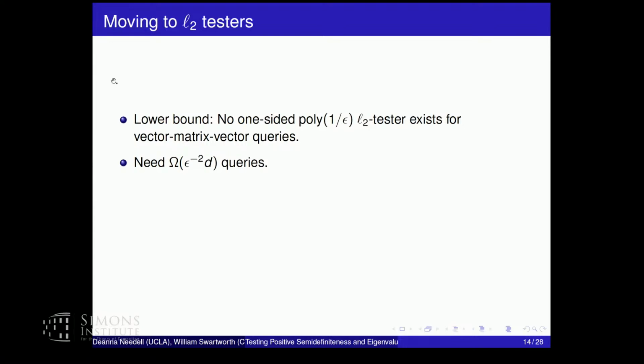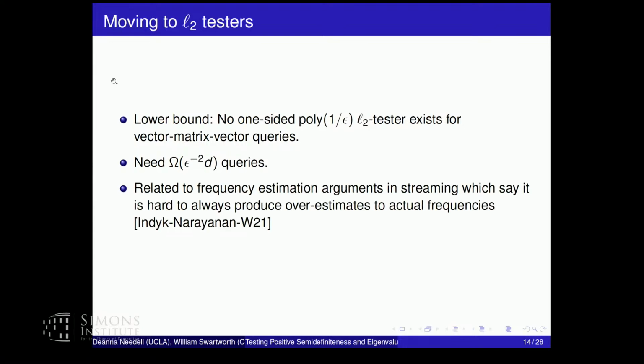I'm not going to say what the lower bound is, but since there's a streaming crowd here, I want to say that it's related to frequency estimation arguments in data streams. It's well studied that you have a vector and you want to produce a sketch of it to approximate frequencies, values in that vector. And if you're required to always produce overestimates of these frequencies, then the problem actually becomes much harder.